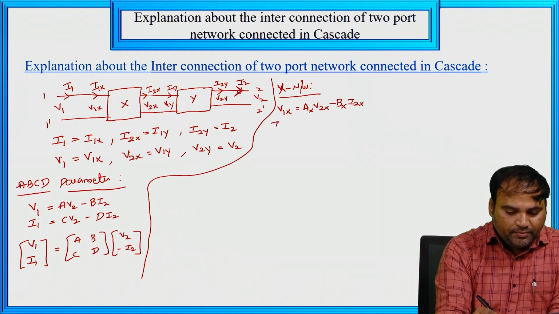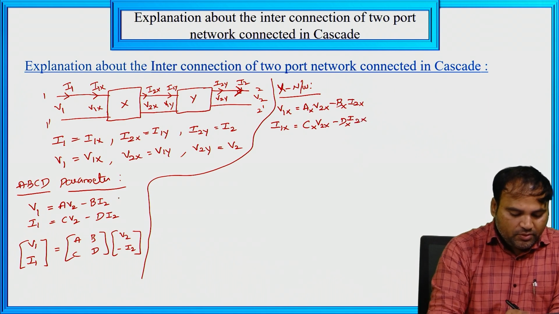Similarly, I1X equal to CX V2X minus DX I2X.